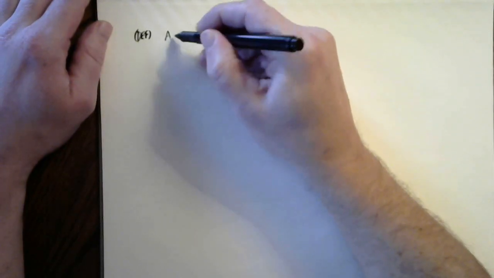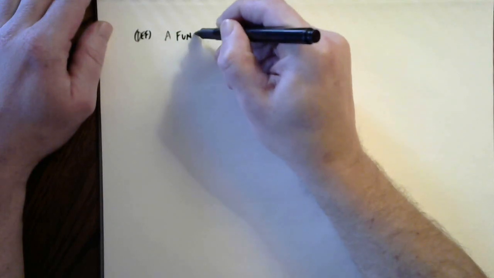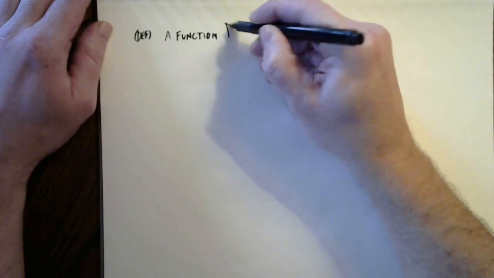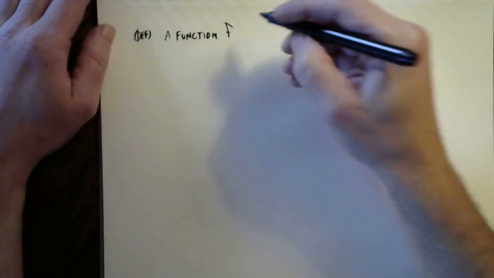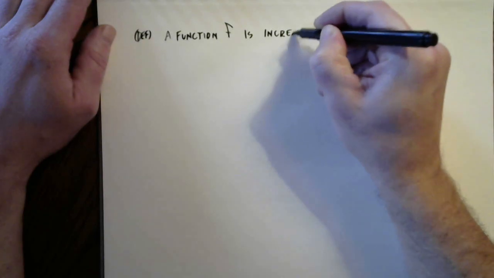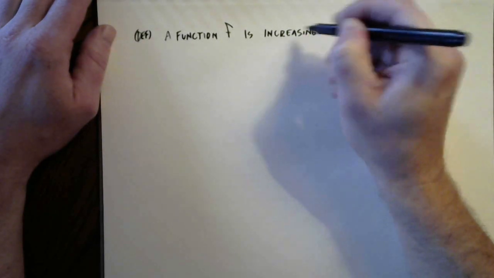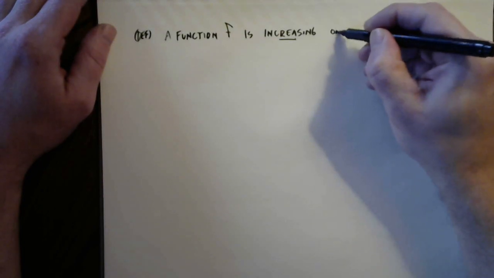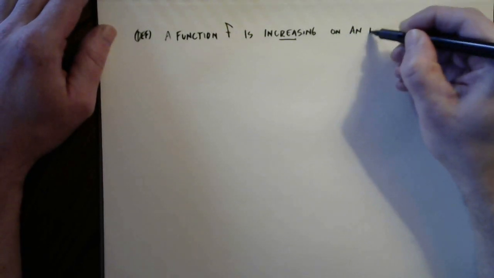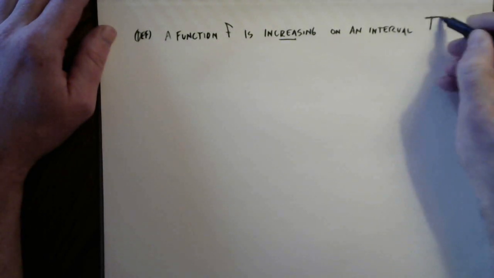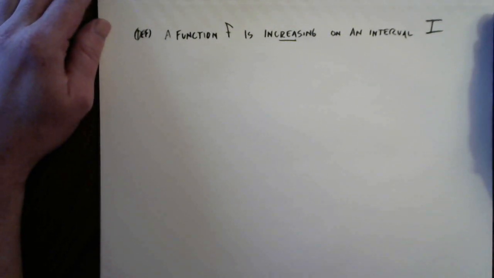So a function, f, we'll call it, is what we call increasing on an interval we'll call I. We'll talk about that in a second.